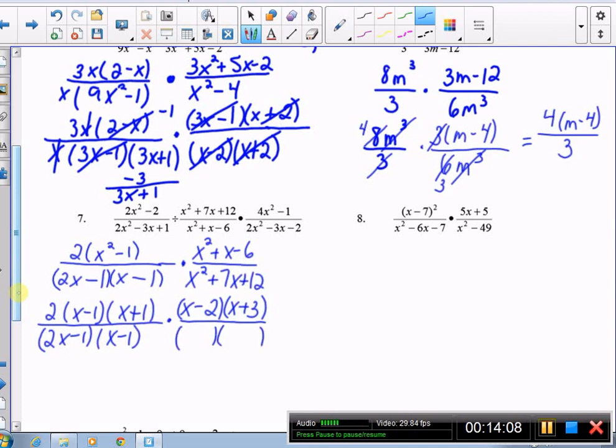And then on the denominator, I need two numbers that multiply to 12 that add to 7. So plus 4 and plus 3. And then for the next one, this is difference of two perfect squares. Notice difference 2, and they're all perfect squares.